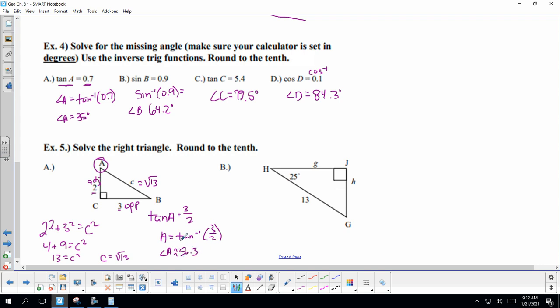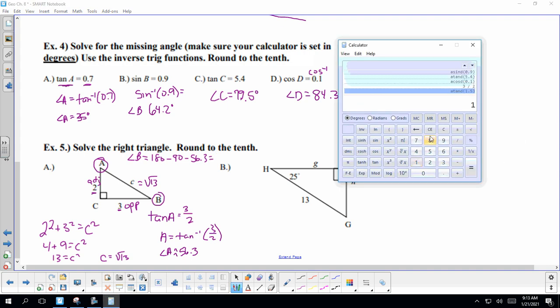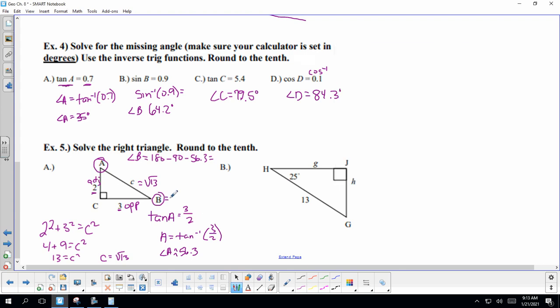And then I can find angle B by subtracting 90, 56.3, and whatever's left out of that 180. 180 minus 90 minus 56.3 is our angle B. Okay, and that's how you solve the triangle.